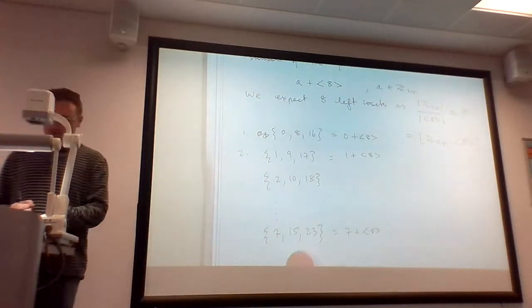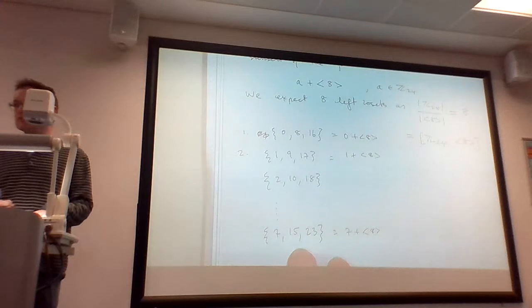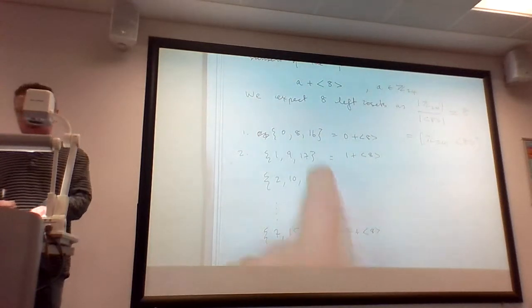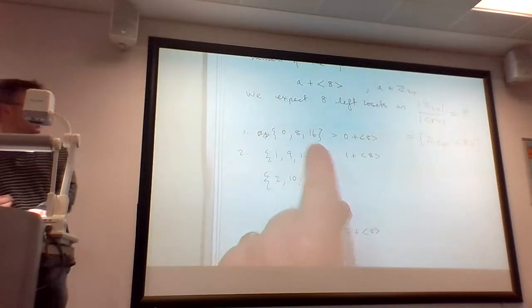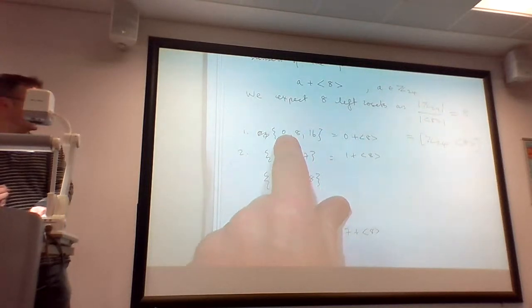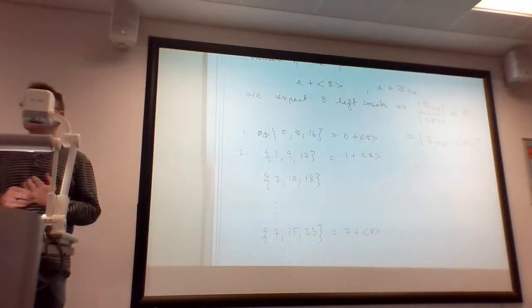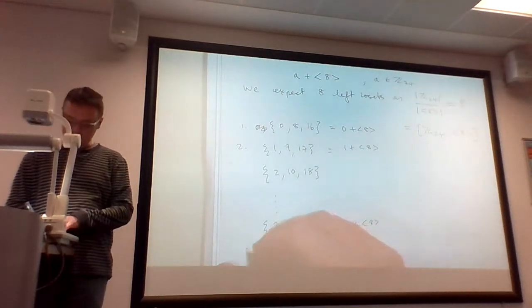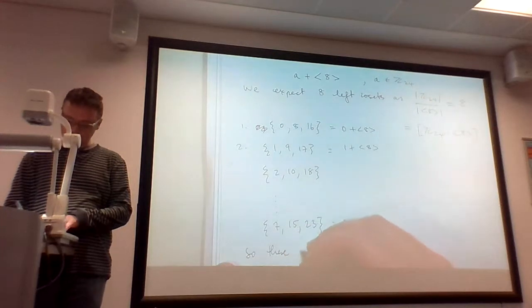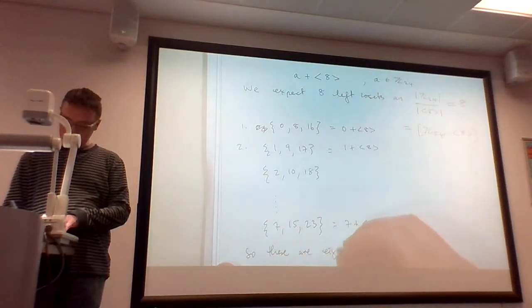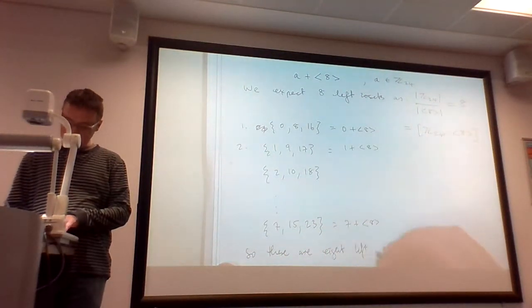If we try picking the next representative, we might choose 8, but of course that would just give us back this. If you shift all these by 8 modulo 24, you get 8, 16, 0. You get the same coset. So these are the 8 left cosets.